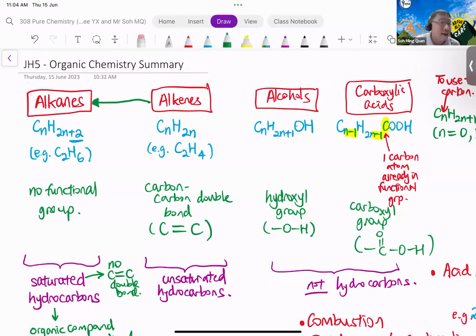But we already know that addition has a number of different examples. So which example of addition will produce an alkane? Amongst the 4 examples that we learned just now, hydrogenation, bromination, hydration, and addition polymerization, the one that produces an alkane is hydrogenation.